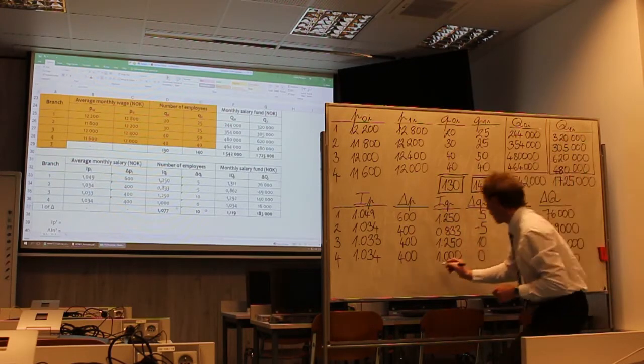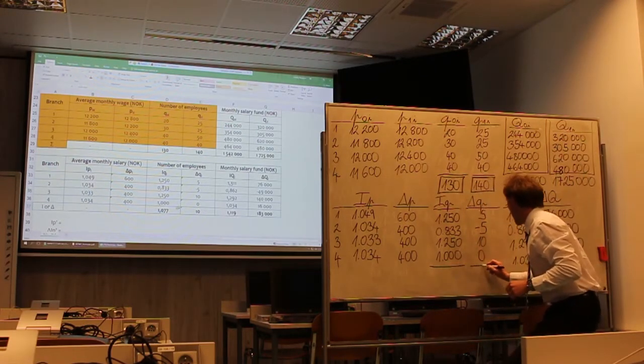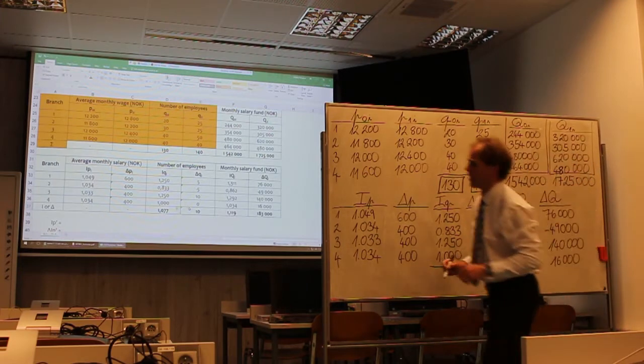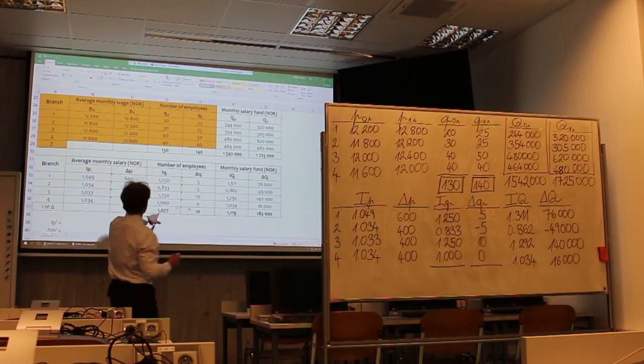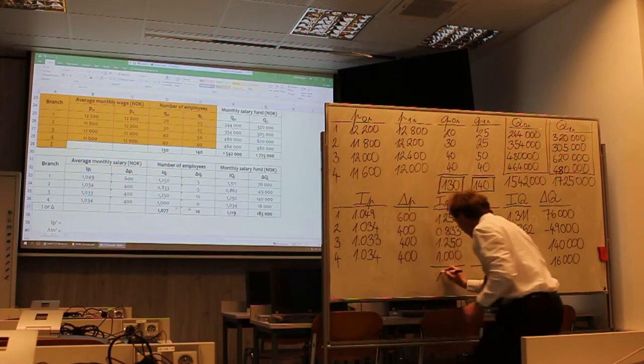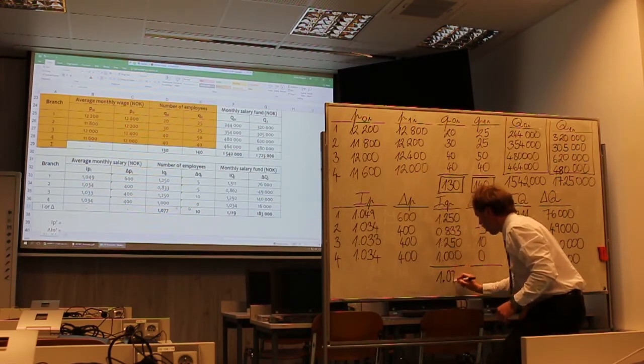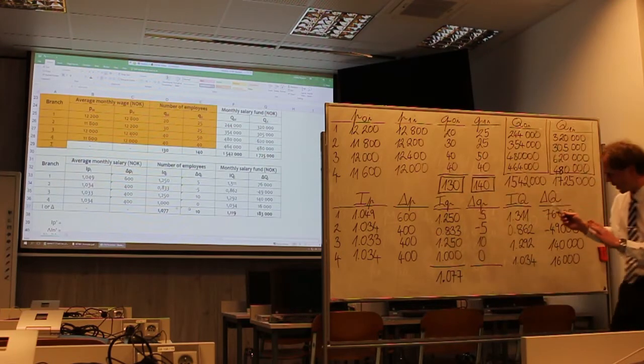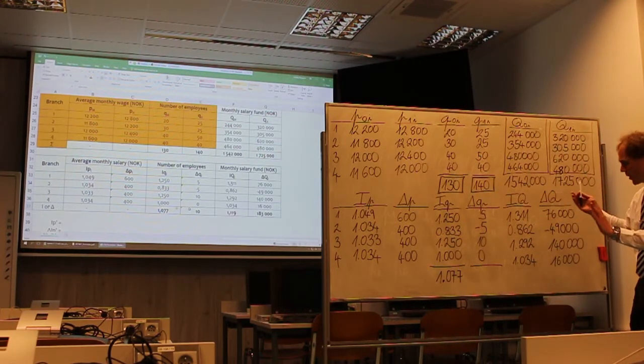So we will calculate this here, for example, 140 divided by 130, 1.077. Number of employees.